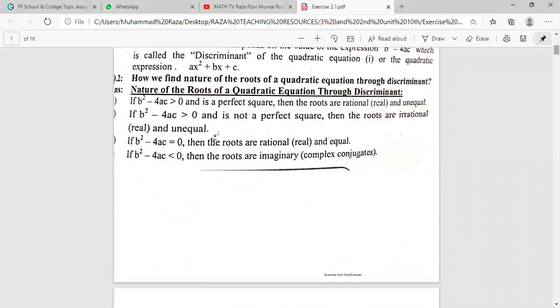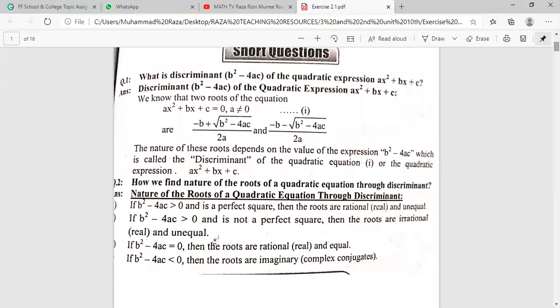The nature of these roots depends on the value of b square minus 4ac, which is called the discriminant.